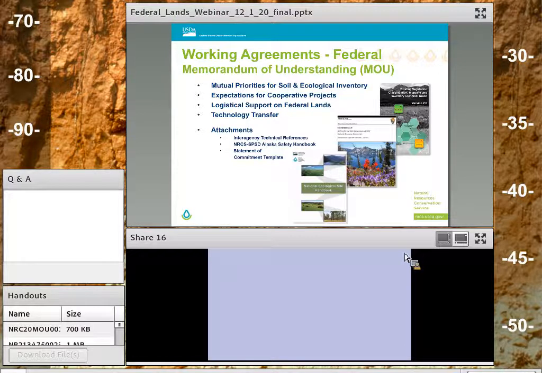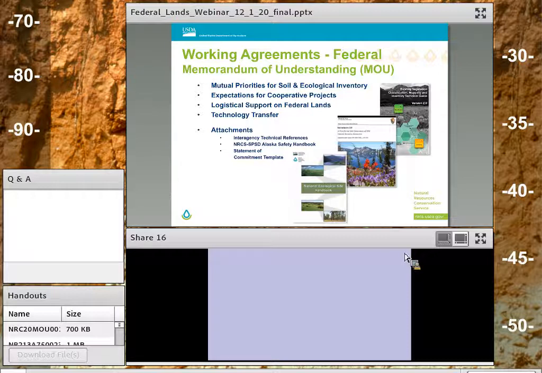But further, we're agreeing on collaborating on technology and data sharing and recognizing each federal partner has other inventory programs that can benefit our cooperative work. We've tried to state some general expectations for all parties in safety planning and cultural and biological clearance. And we'd also tried to envision how logistics and personnel can maybe be shared in support of some of our projects.